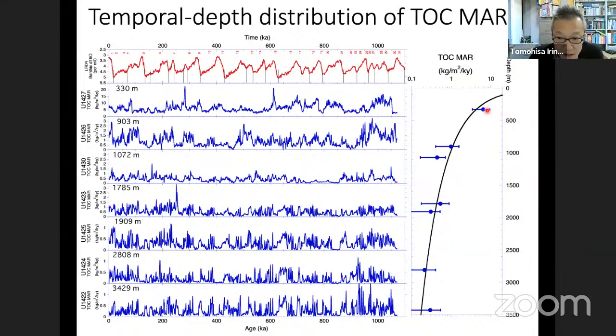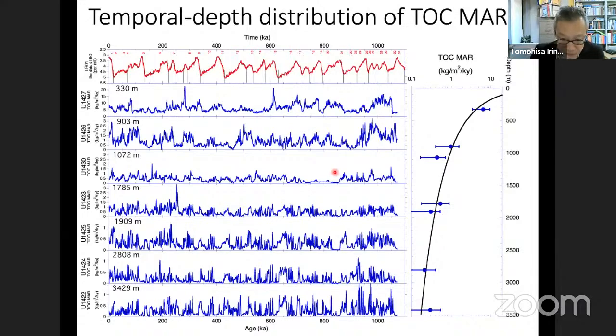Just take the average and the standard deviation of the data at each depth, and you see the exponential decay of the organic carbon mass accumulation rate from shallow to deep, and I mean it's very reasonable. The pattern of fluctuation is similar for the deeper sites, but slightly different from shallow sites to deeper sites and the middle, intermediate depths.